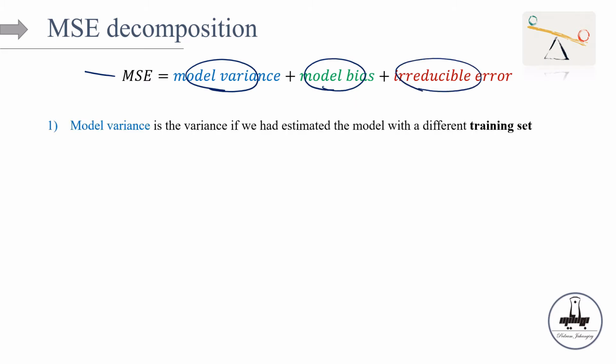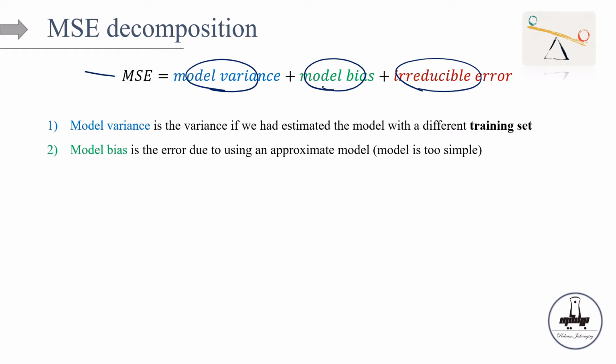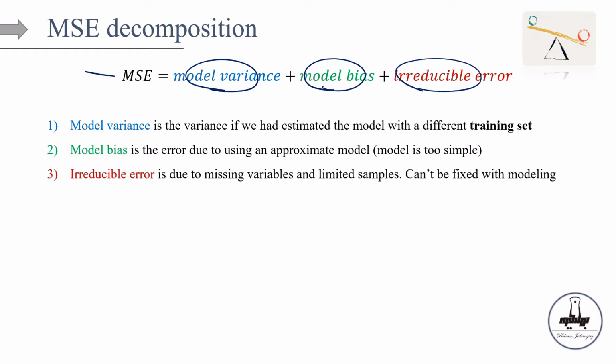Okay, so as we talked about in the last slide, model variance is the variance if we had estimated the model with a different training set, or a different data set, basically. Model bias is the error due to using an approximate model. If the model is too simple, the model bias is going to be high. It reflects whether on average we are capturing the pattern in the data or not. And the irreducible error part is basically due to some missing variables and some limited sampling, right? It cannot be fixed by modeling.